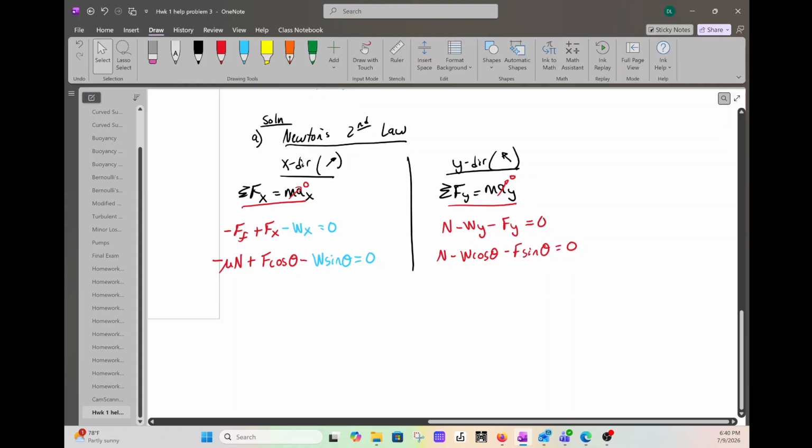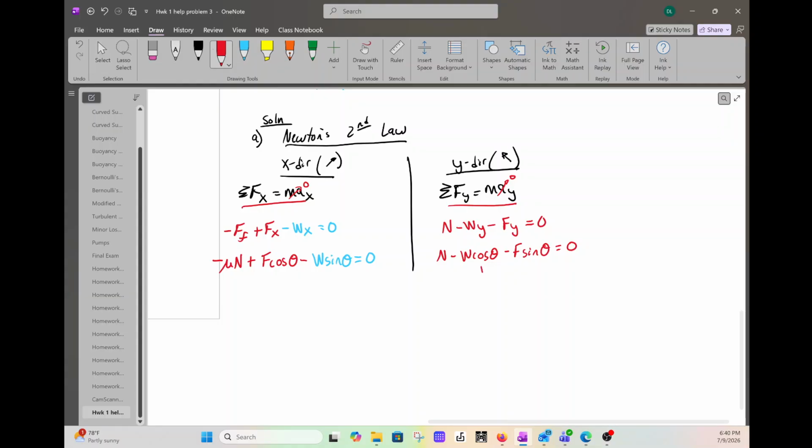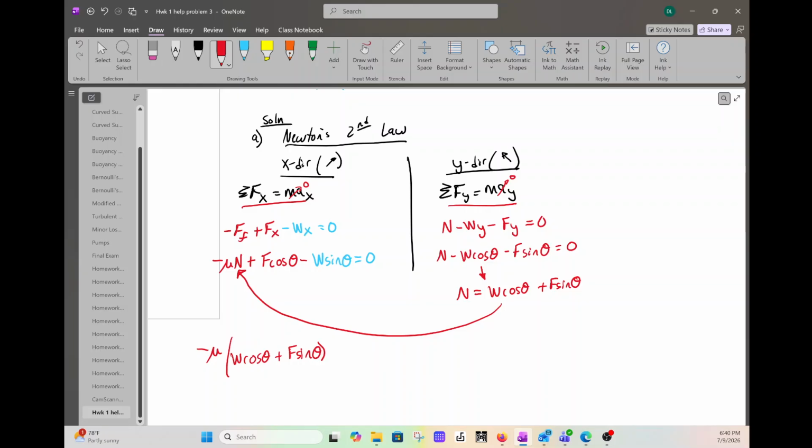So what you could do is solve for, in this case, N, which would be W cosine theta plus F sine theta. And then plug that right there. So you'd have minus mu times W cosine theta plus F sine theta, right?